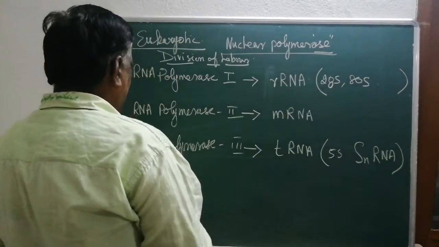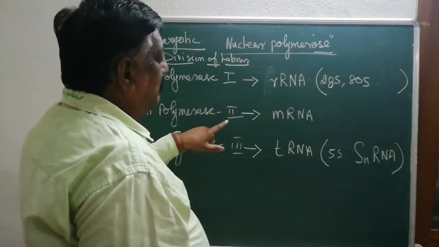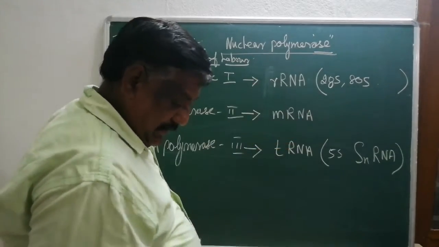This is produced here, and RNA polymerase 2 produces mRNA.